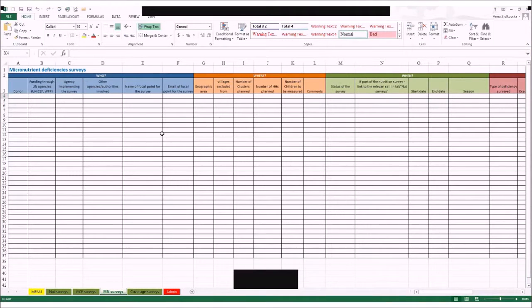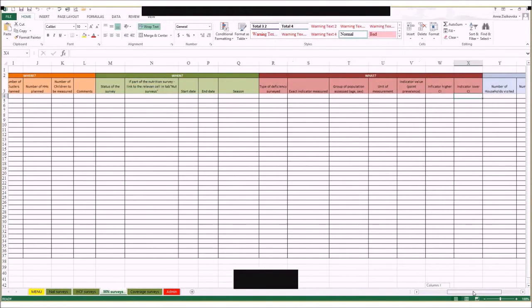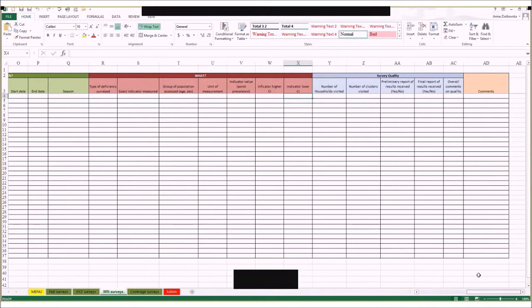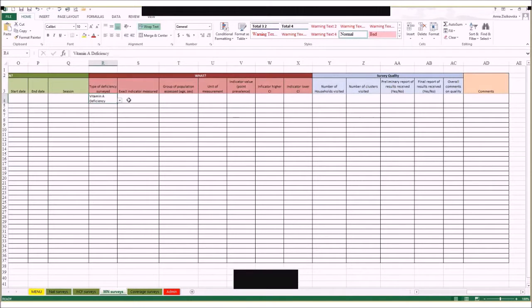Micronutrient surveys are very similar. Who, where, and when parts are all the same. The what part depends on the type of deficiency measured. Vitamin A deficiency, iron deficiency, or iodine deficiency, you would have different indicators which you could have measured.